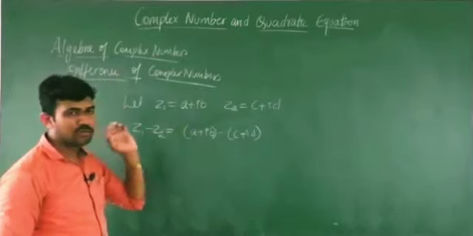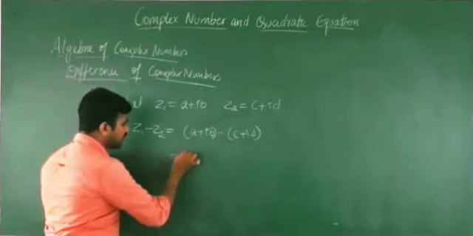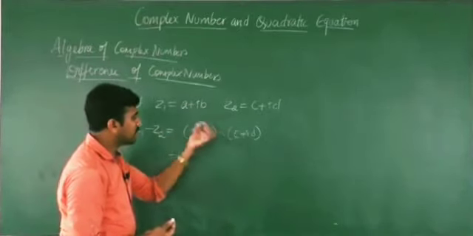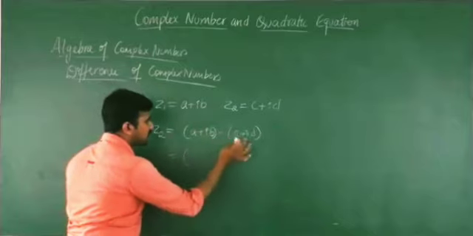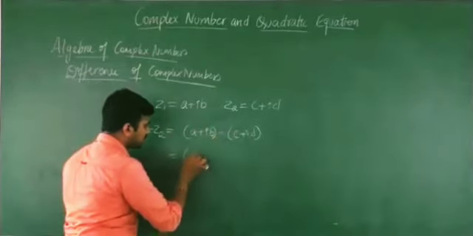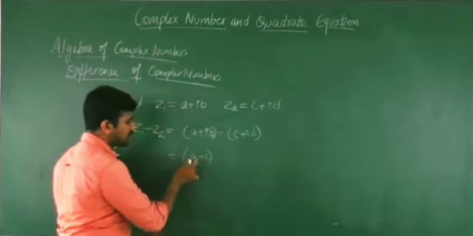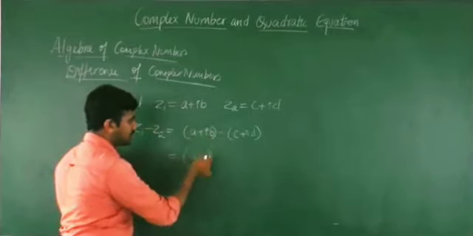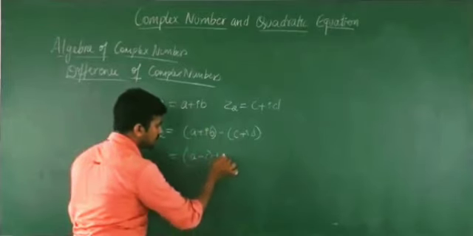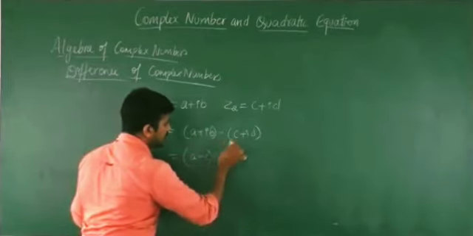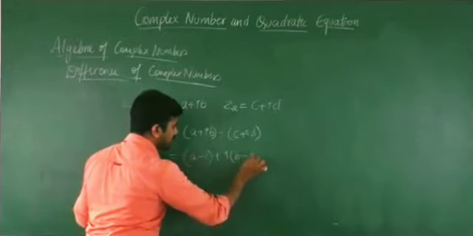To subtract two complex numbers you have to subtract the same parts, like real part from real part, imaginary part from imaginary part. So we'll get here a minus c. You have to subtract like this, real part minus real part, plus i common here, imaginary part b minus imaginary part d.